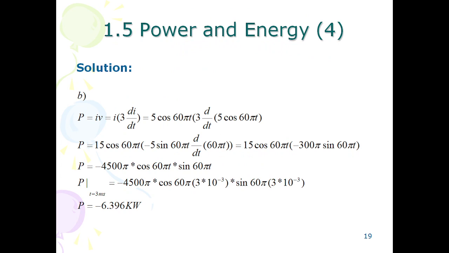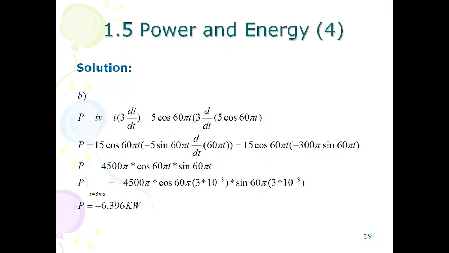Now in part B, voltage is given as 3 di over dt. Now we substitute the value of voltage in the formula of power, i times v, and we have to take the derivative of i, multiply it with 3, then multiply it with the value of i.